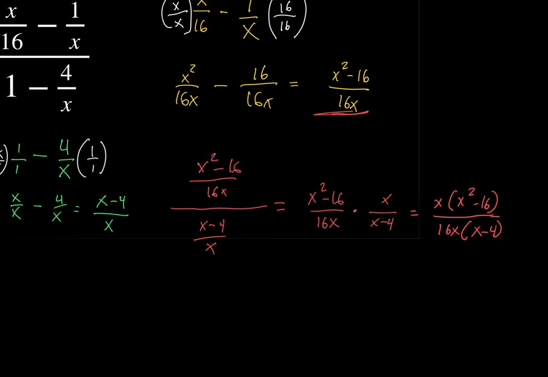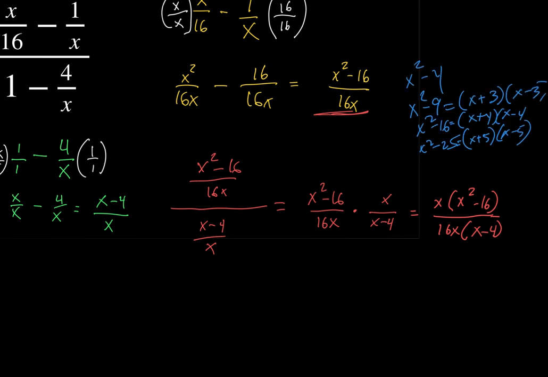So difference of squares has been things like x squared minus 9, x squared minus 16, x squared minus 25, x squared minus 4. Those are all what we call difference of squares. So this would be x plus 5, x minus 5; x plus 4, x minus 4; x plus 3, x minus 3.